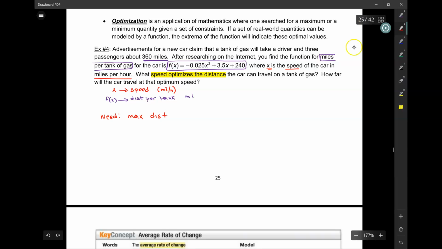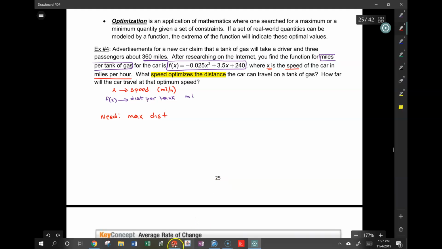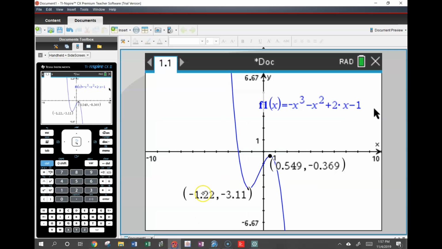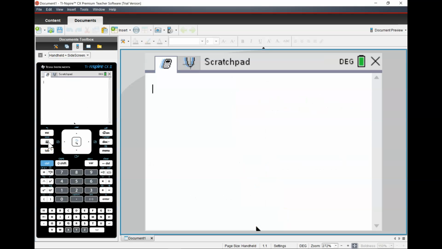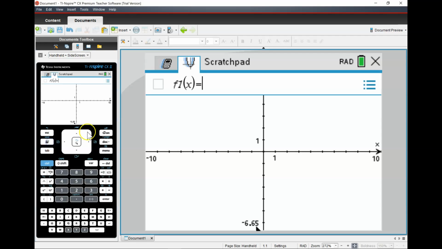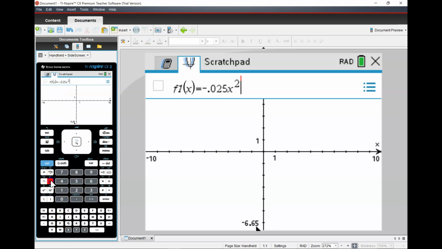So what we're going to do is graph that function. Okay, so now we have a function. We're going to graph it. It's negative 0.025 x squared plus 3.5x plus 240.